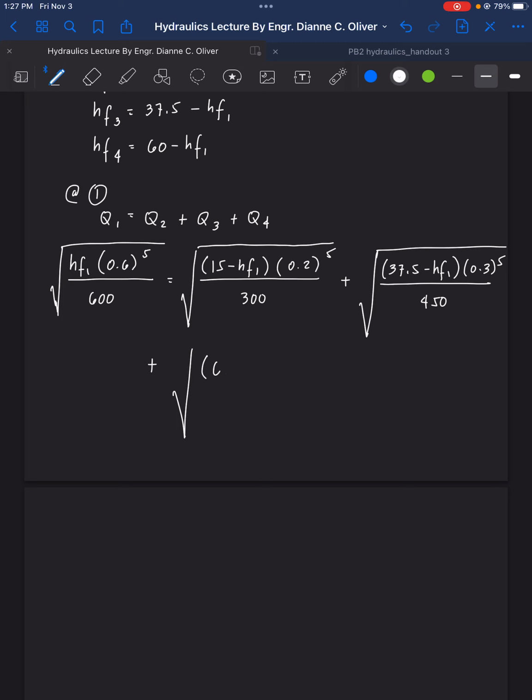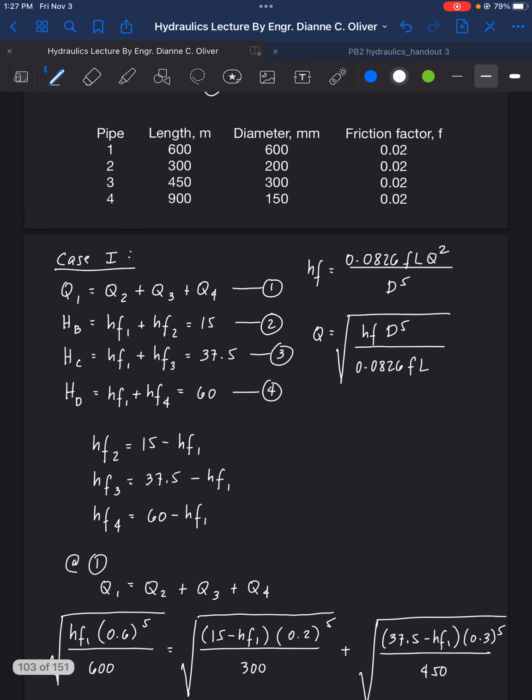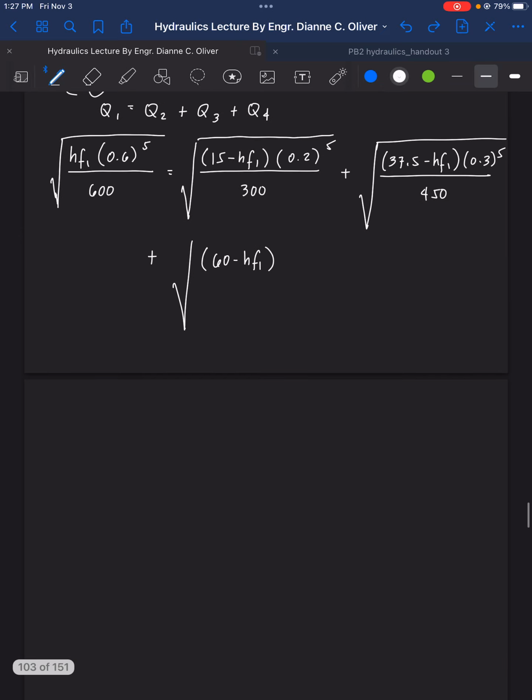Diameter and length for pipe 4 we have 150 and 900. So 0.15 raised to 5 all over 900.